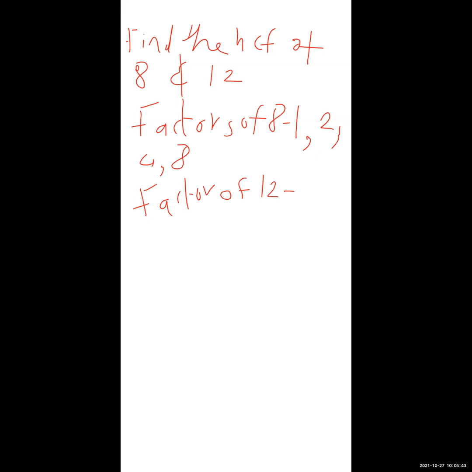What are the factors of 12? 1, 2, 3, 4, 6, and 12 itself. Very good. Now after that, what will we do? Common factors. Don't forget to find the common factors of 8 and 12. What are the common factors of 8 and 12?